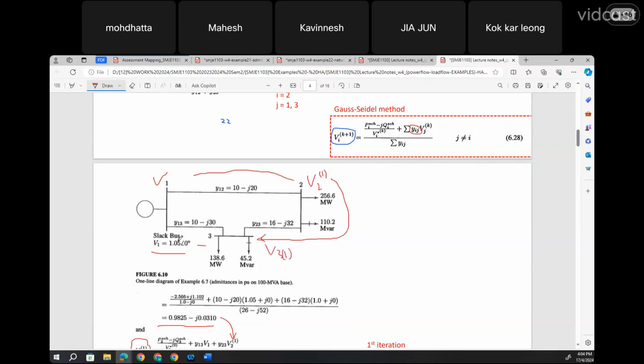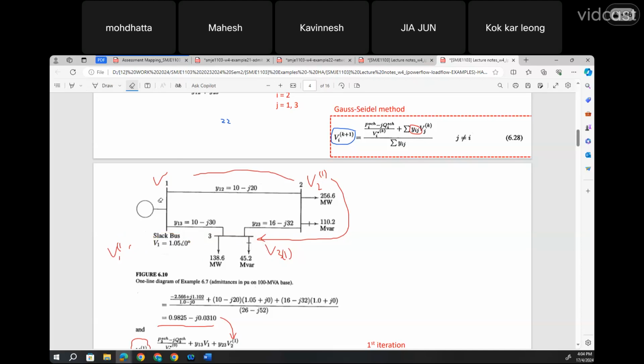And go around the system. And of course, since this is a slack bus, V1 first iteration, V1 second iteration, however many iterations we have, V1 will always be the same value as what was specified earlier for our reference. So V1 never changes. The ones that change are V2 and V3. So you need to do it iteratively around this network.